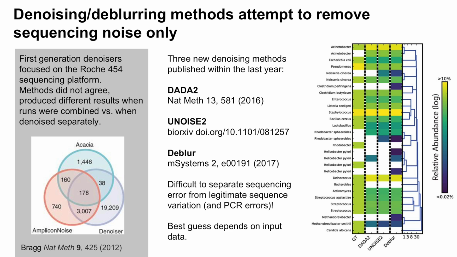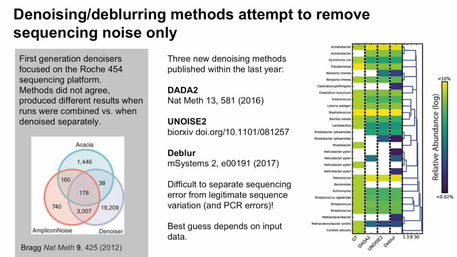In parallel, there's been another effort to say, well, why are we trying to do species level clusters? That's a hard problem. Let's just try to fix the sequencing error and not concern ourselves with the biology of bacteria. We'll just tackle the technical problem. That effort started around 2009 with Chris Quince's AmpliconNoise software, called PyroNoise back then. But those pieces of software took a long time to run.